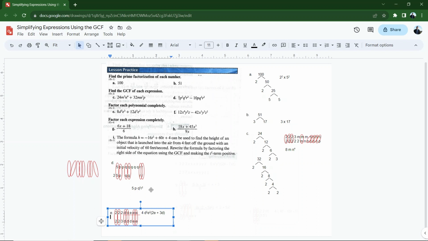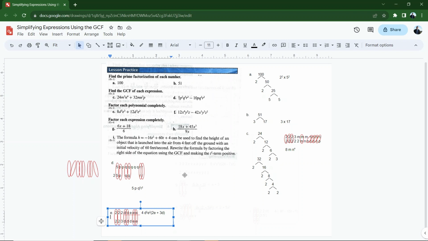Why, that's this term. Plus, here's the sign in the middle, and then 12d cubed e squared. Okay? So what you're doing when you factor polynomials is you're undistributing something. In this case, we are undistributing the greatest common factor.